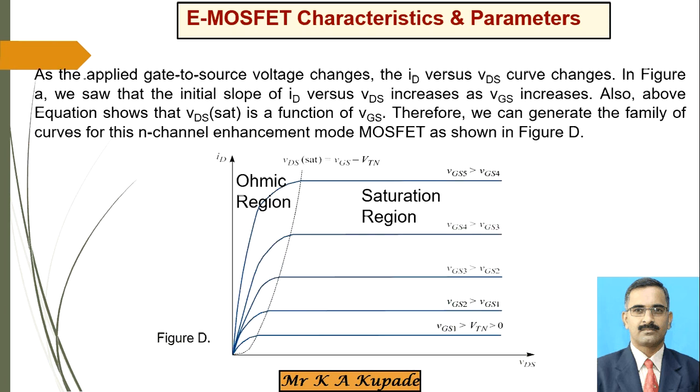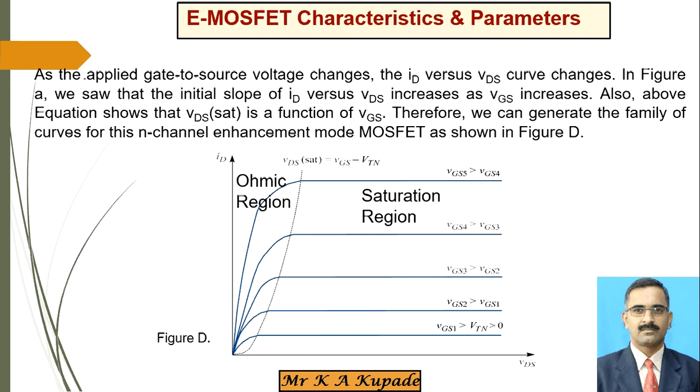Now here, see exactly the VI characteristics of that particular graph. See, as the applied gate to source voltage changes, it is getting changed stepwise. That is how that particular graph is considered here.